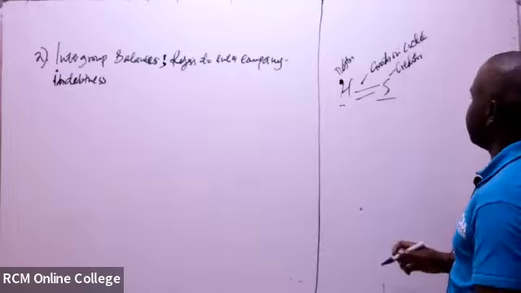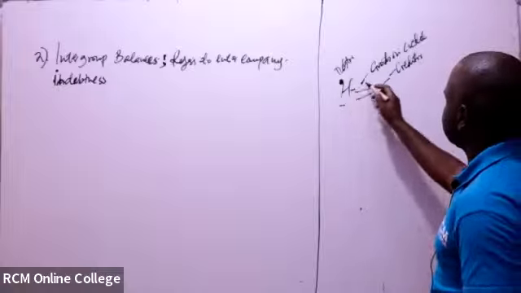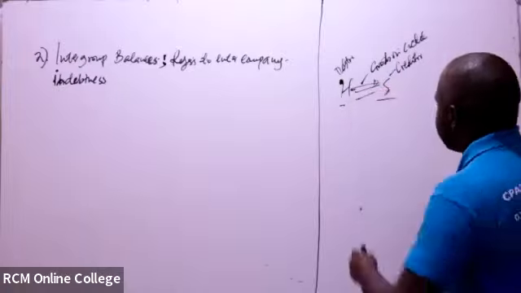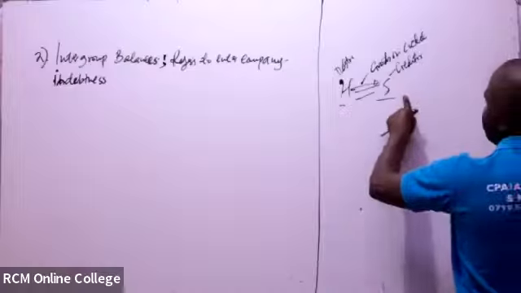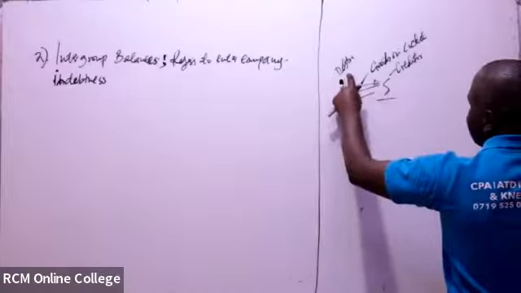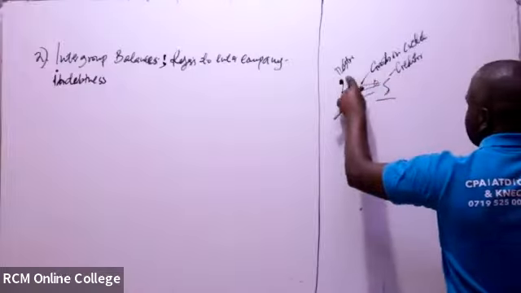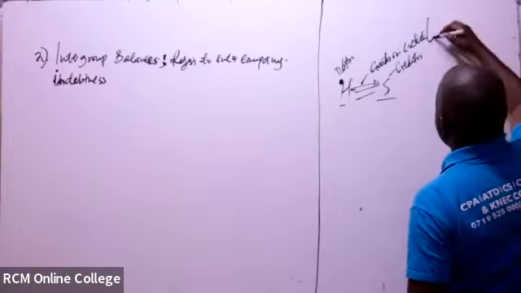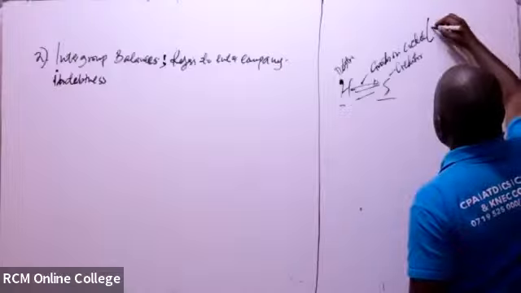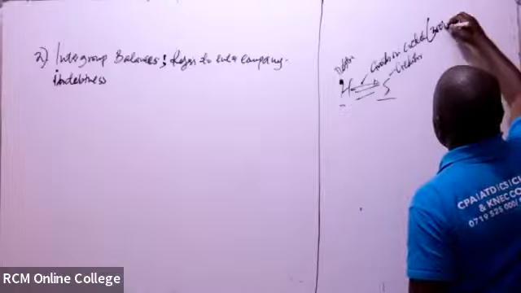This is because this one is the one that sold. If they sold goods on credit, it means the subsidiary is the debtor, while the holding company is the creditor. Maybe these goods sold on credit were worth, for example, 300,000, 300K.